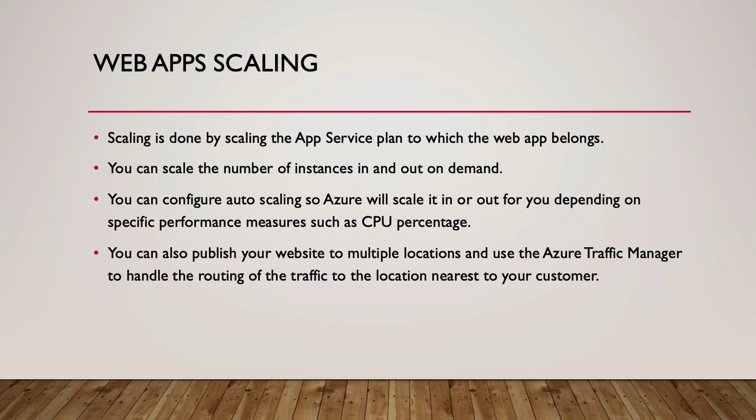You can configure autoscaling so Azure will scale it in or out for you depending on specific performance measures such as CPU percentage. You can also publish your website to multiple locations and use the Azure Traffic Manager to handle the routing of the traffic to the location nearest to your customer.